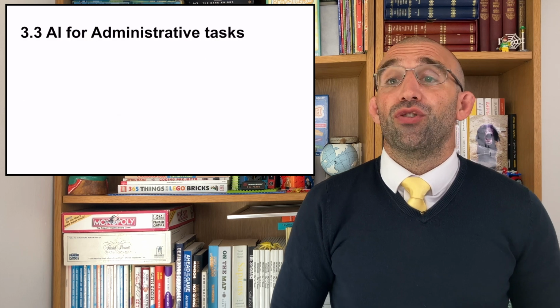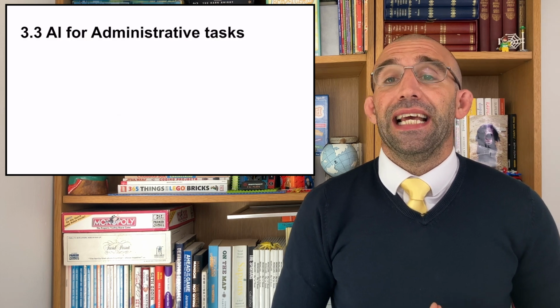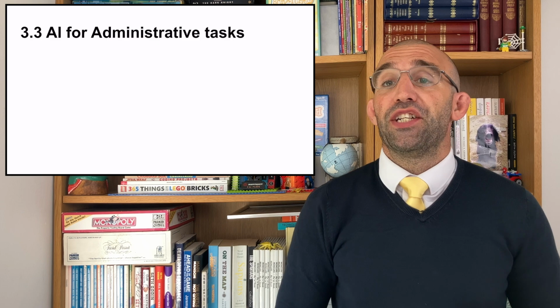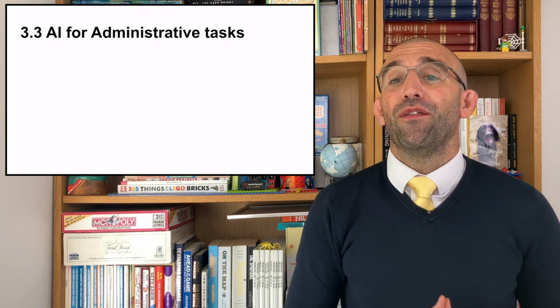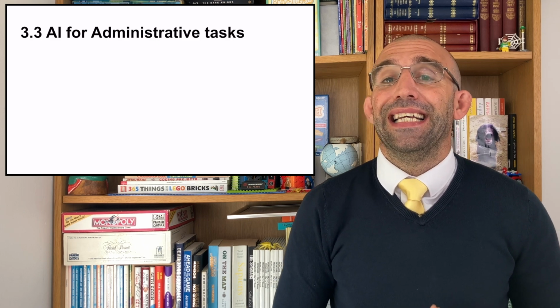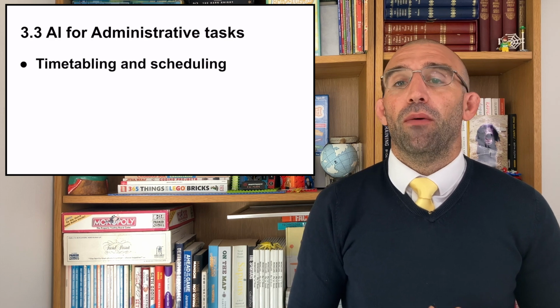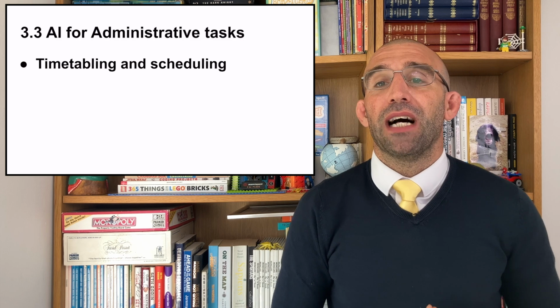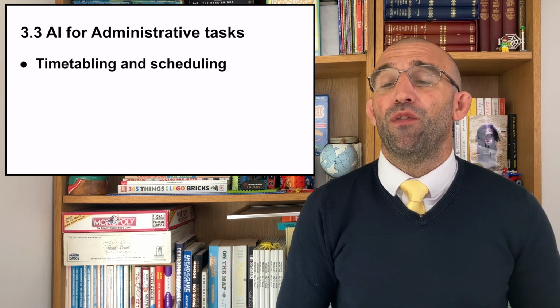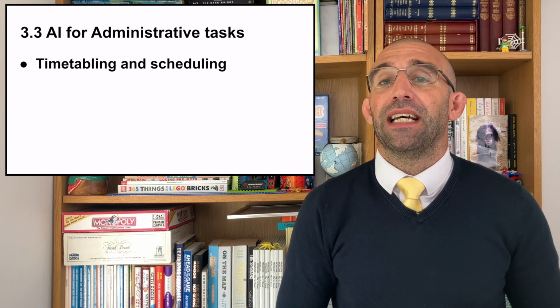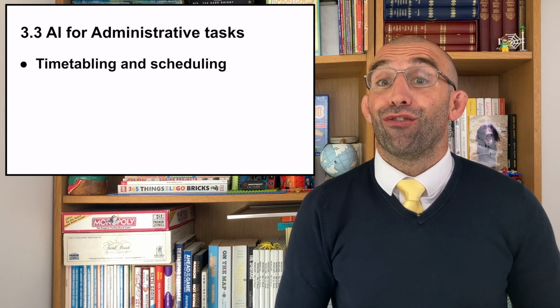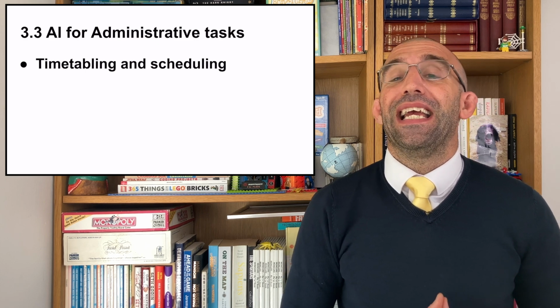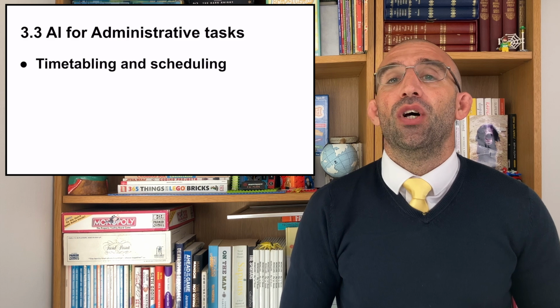Beyond the classroom, AI can significantly ease the administrative burden on educators and school staff, often with existing or easily accessible tools. For example, timetabling and scheduling. While complex school-wide timetabling often uses specialised software, AI algorithms can optimise schedules for smaller groups, resource allocation, or even individual student meetings.